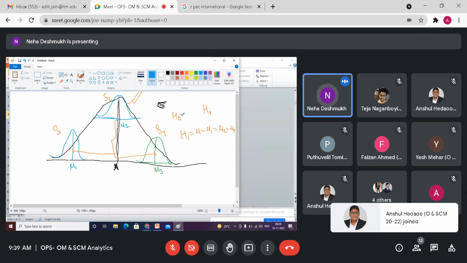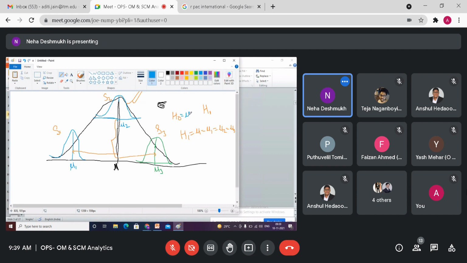There is no difference, means you can consider this mu 0. Mu 0 will be equal to mu 1 equal to mu 2, then mu 3, right? Are you with me, class?